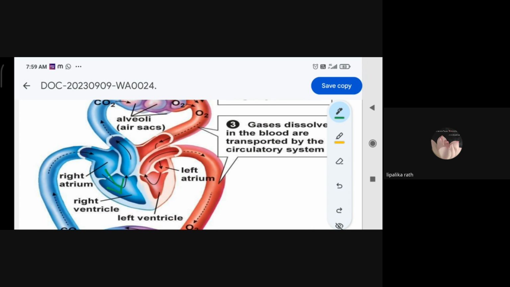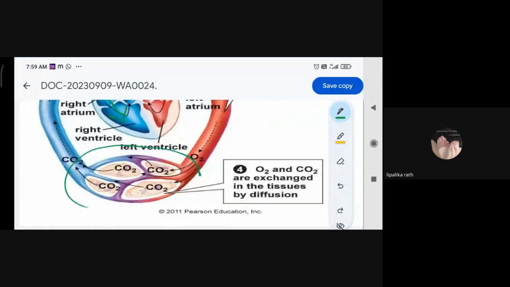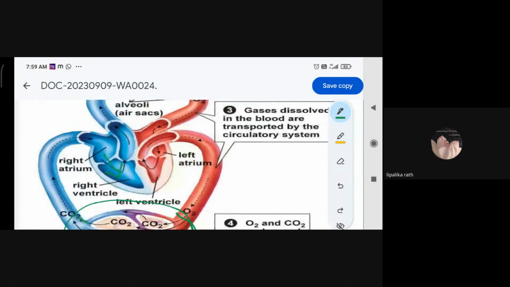Consider this portion as the whole body. From the whole body, blood is collected to the main vein, and the vein is bringing the deoxygenated blood to the right atrium.